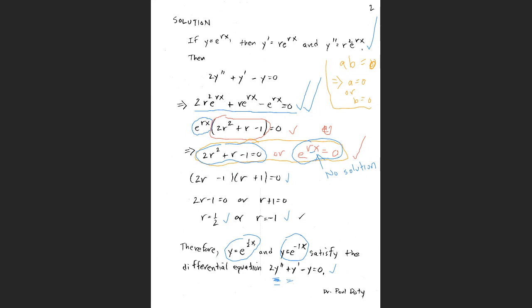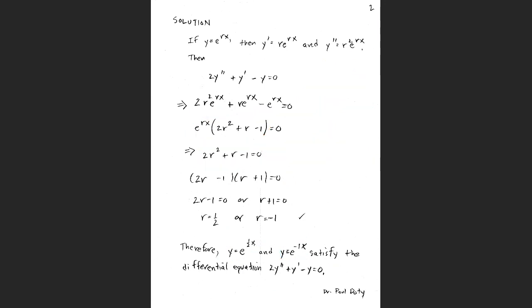Marcus, well, in terms of factoring, the only way you can get a 2r squared is with a 2r times an r. So 2r times r. And then the only way you can get a negative 1 is by writing negative 1 times positive 1.